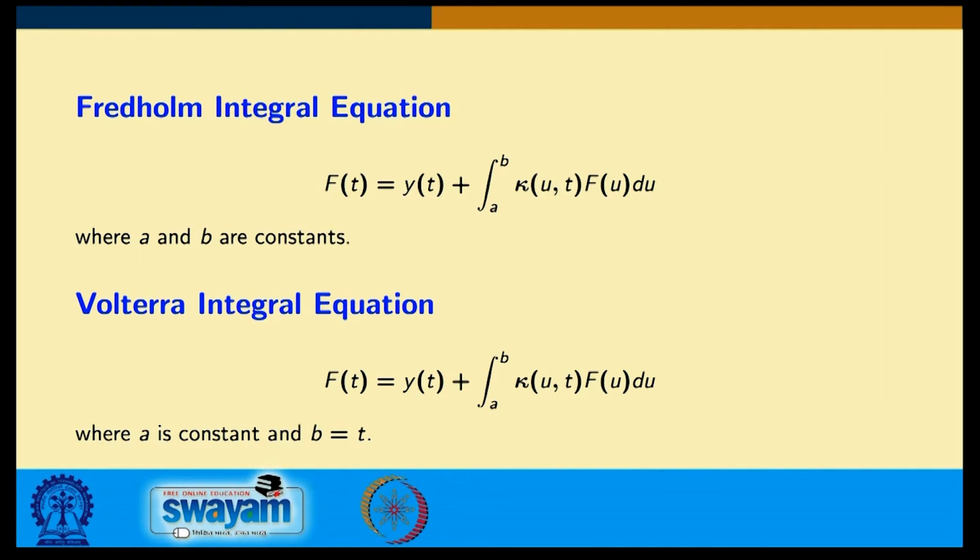The form is similar, f(t) equals y(t) plus integral from a to b of k(u, t) f(u) du, where the only difference from Fredholm is that here a is a constant and b equals t. As I told you, a and b may be constants or some function of t. So, in the Fredholm integral equation, a and b both are constants, while in the Volterra integral equation a is a constant whereas b equals t.